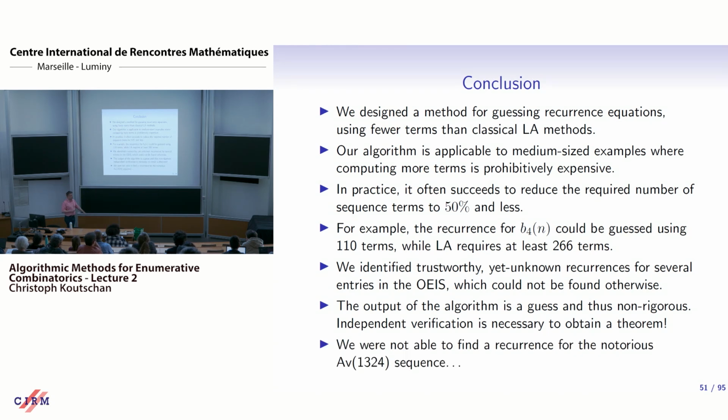And of course, there is this notorious sequence of 1, 3, 2, 4 avoiding permutations that somehow nobody knows how to compute more terms. And okay, admittedly, also few people still believe that it could satisfy such a recurrence. But yeah, just for fun, we tried, and of course, it was unsuccessful. So no news on AV1324.